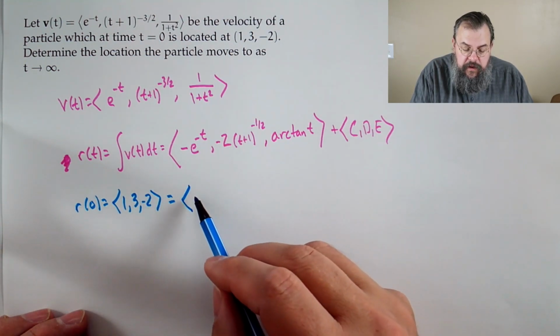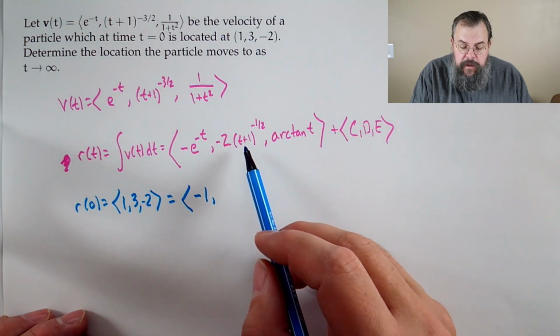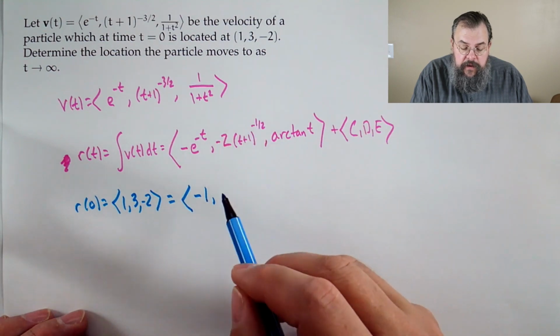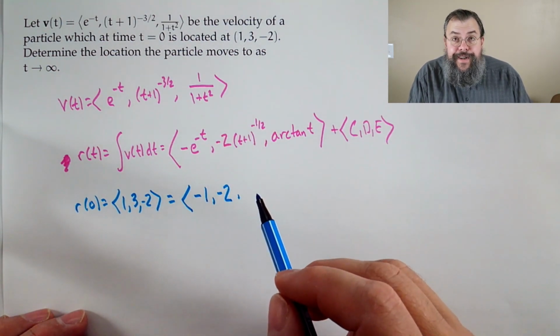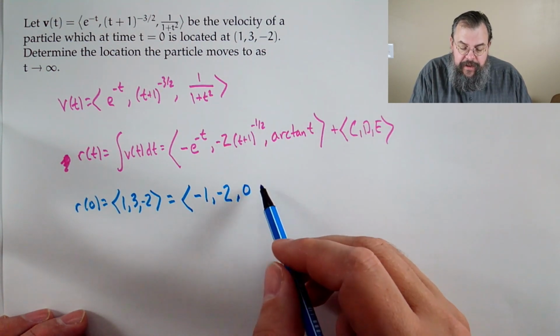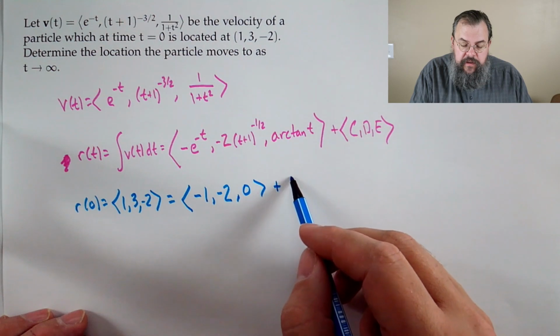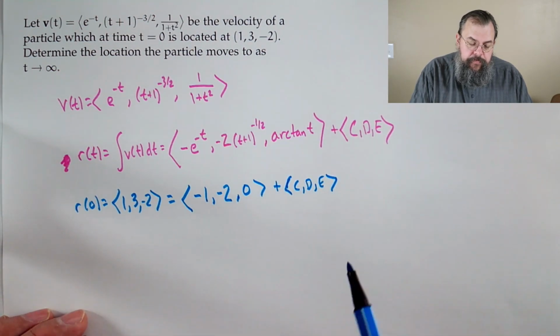Minus e to the minus 0, minus 1. Minus 2 times 1 to the minus a half, minus 2. Arctangent of 0, 0. Okay, great. And then we have plus our constants, c, d, and e.